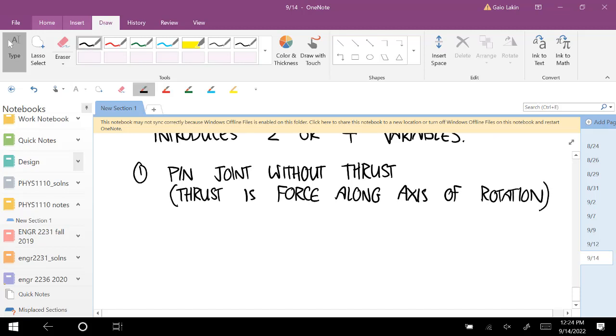All right, so there's one of the bodies that's connected. Let's say these bodies are connected by sort of an exaggerated pin going through them.